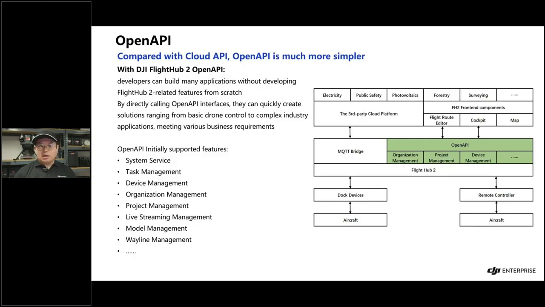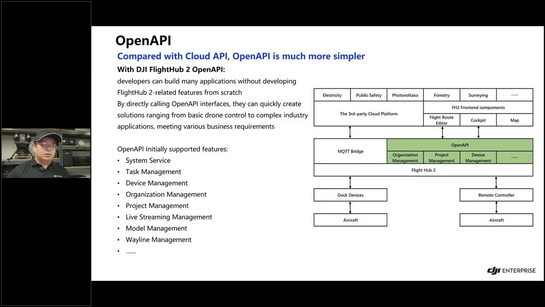And this can be done by third-party developers as well. They can build the same software to achieve similar functionalities. But overall, our goal is to have the Open API cover what we consider core functionalities for third-party developers, so they don't have to reinvent the wheel, such as organization management.